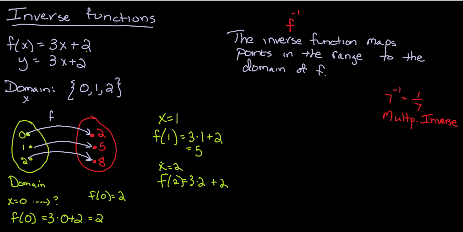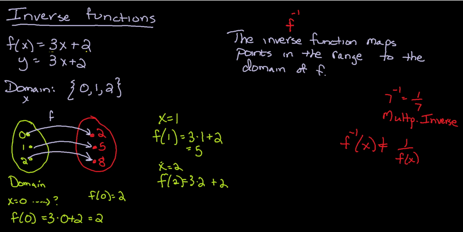But the notation f to the negative 1 does not mean 1 over f. That negative 1, written as a superscript on the f, means the inverse function. It means go backwards, undo your function.